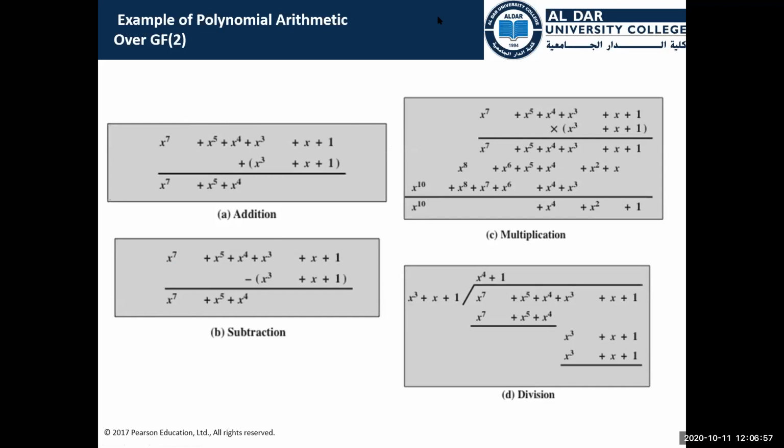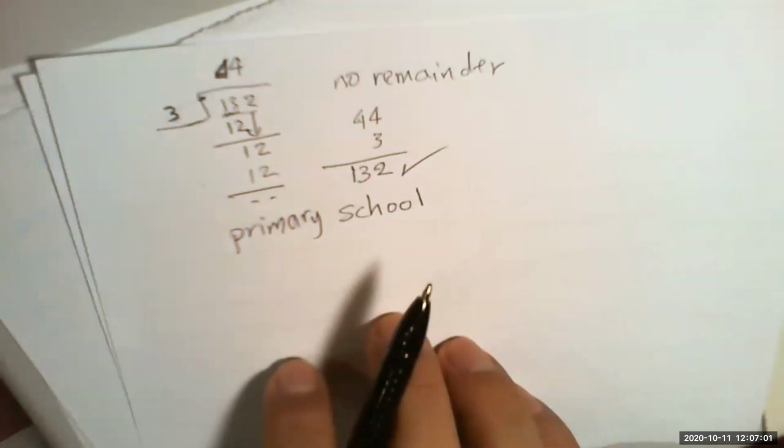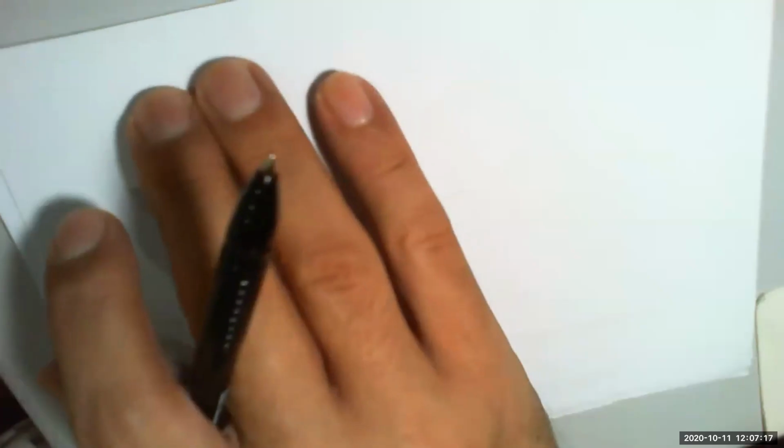So this is my camera. Let's move to another example. Let's make the addition, multiplication, and division. It's straightforward, and don't worry about them. They are very straightforward. If you just make some examples, you will get used to them.